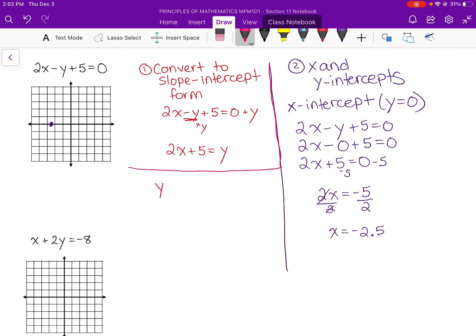Let's say next we wanted to find the y-intercept. Now we just set x equal to 0, because at the y-intercept, x is 0. So we do the exact same thing. 2x minus y plus 5 equals 0, but this time we stick a 0 where the x is. So 2 times 0 is 0.